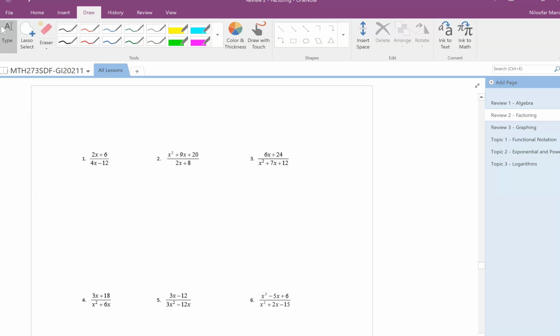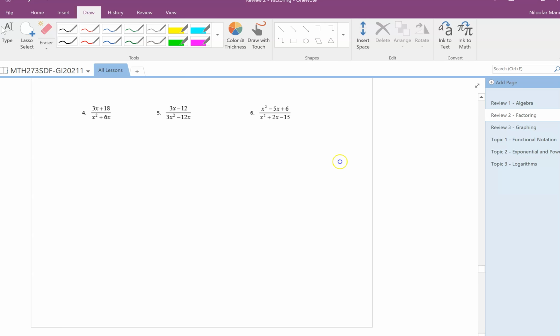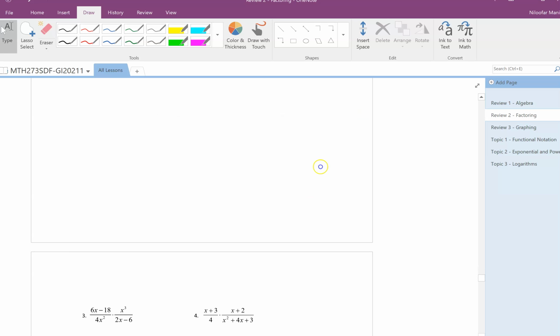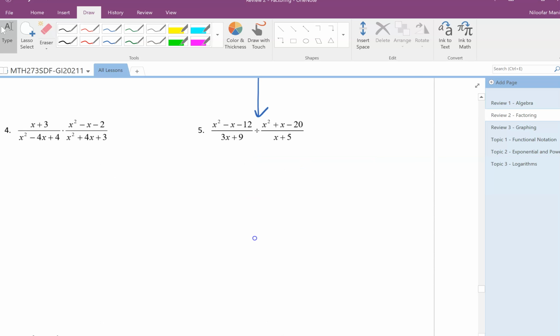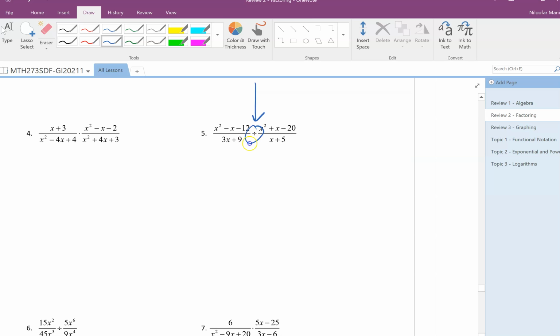So I don't do so many questions of this. First of all, this is review. Second of all, that's just factoring. We did questions of factoring. So you factor top, you factor bottom, and then just cancel. I just want to do this question here because I see division. If you see division in fractions, the one after division, you change it to multiplication and flip it.